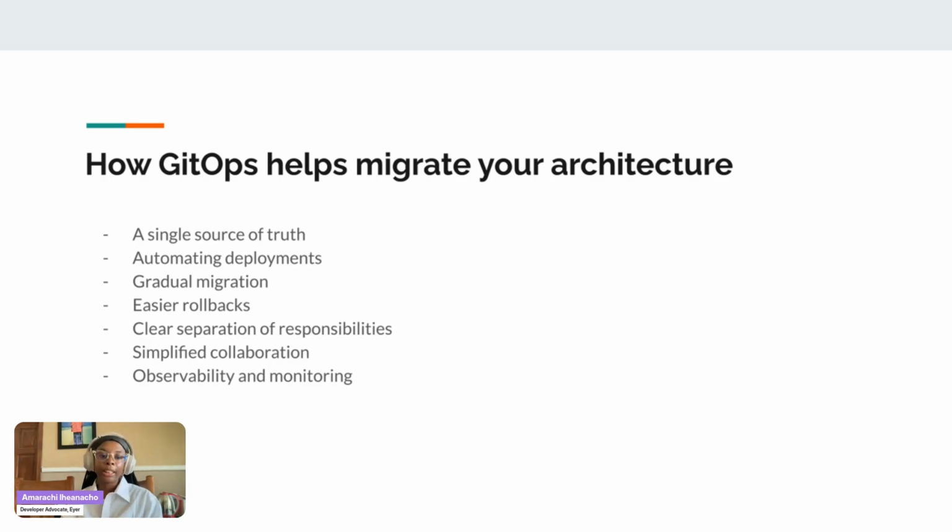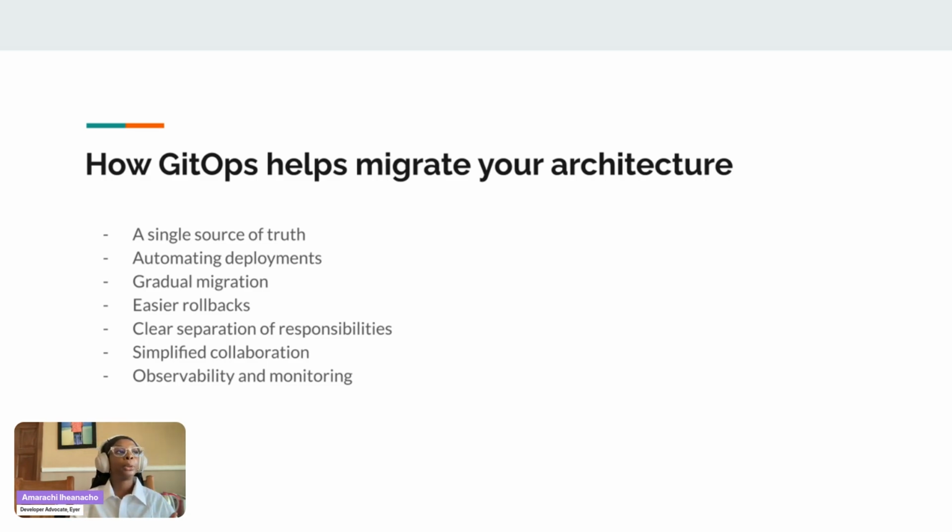You can recreate that in a new repository and rewire traffic to that microservice. And you can start taking it apart little by little and putting it in a new repository, configuring them, and it's a lot easier for you to do.